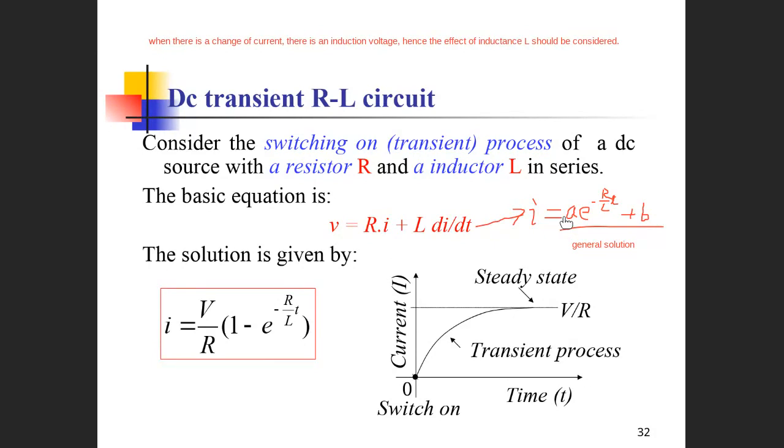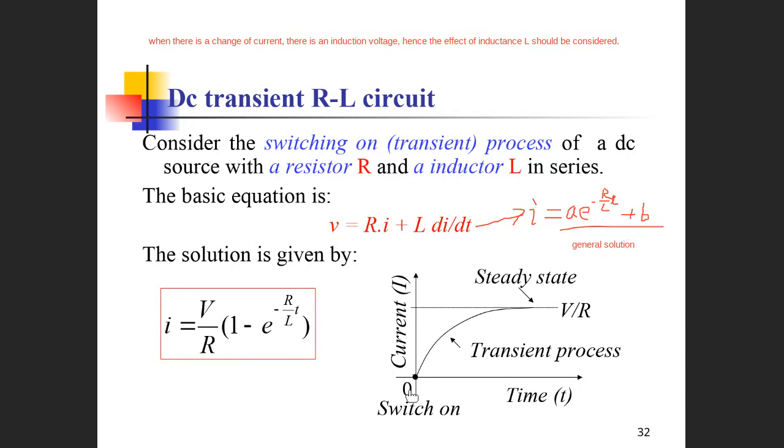The two coefficients A and B should be based on the boundary conditions of the equation. This is the general solution of this equation. If you look into differential equation solutions in network analysis, you can find this one.